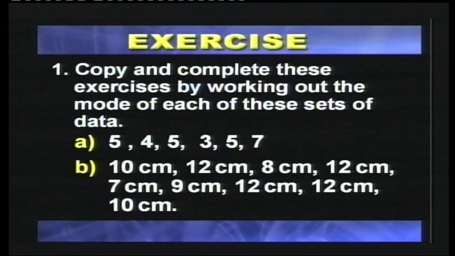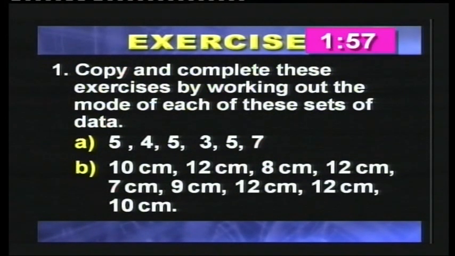It should be very easy because we have another learning activity to go through before the other exercise. Okay, I will remind you, when you come across numbers like that, try to arrange them in order from the smallest to the largest so that it will be easy for you to work out the mode.